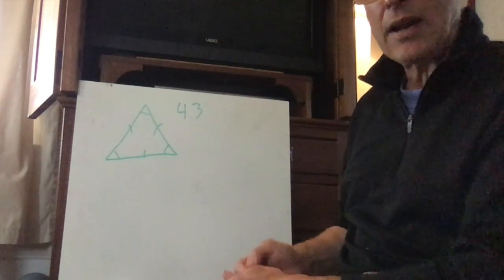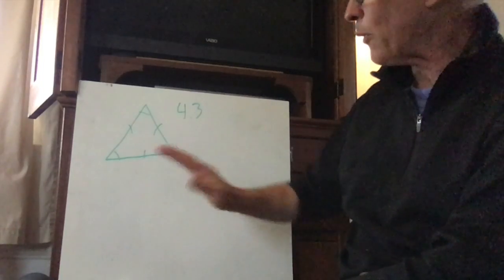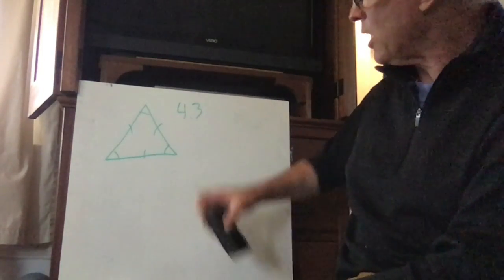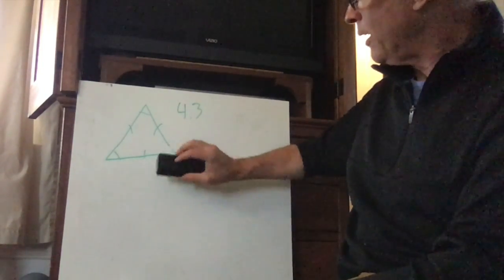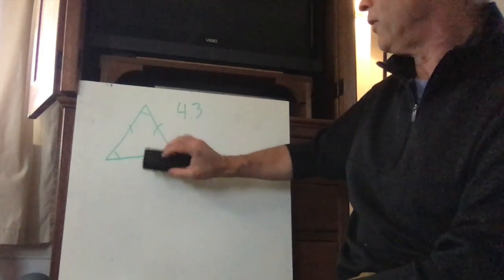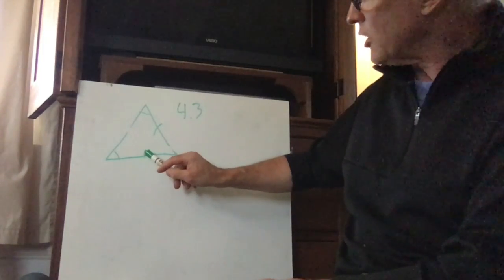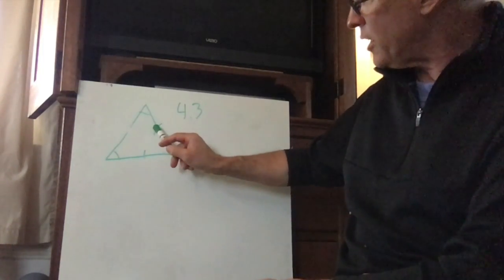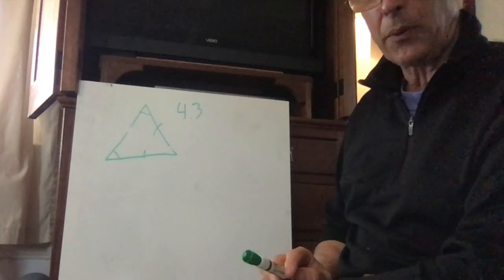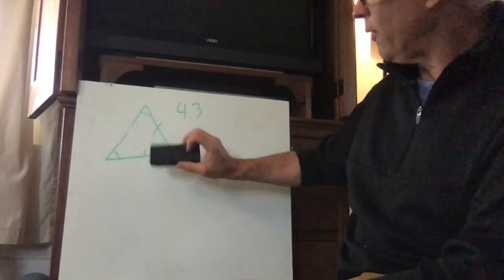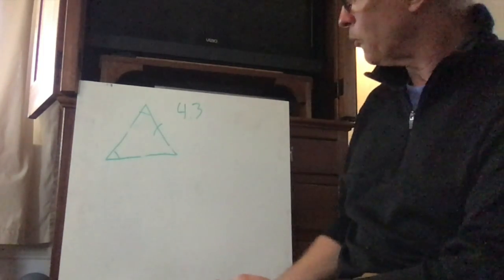And you can prove that if you think about it. Just think about what we just talked about. Let's not worry about this angle and this side for a second. We just talked about if these two sides are equal, then you know these two angles are equal, right? Well, let's work our way around.